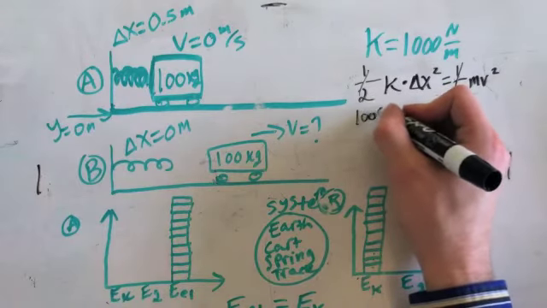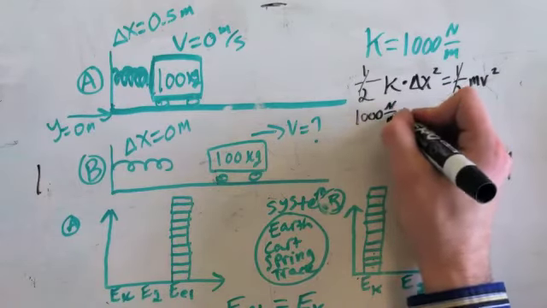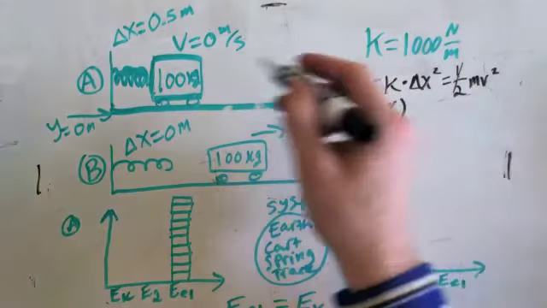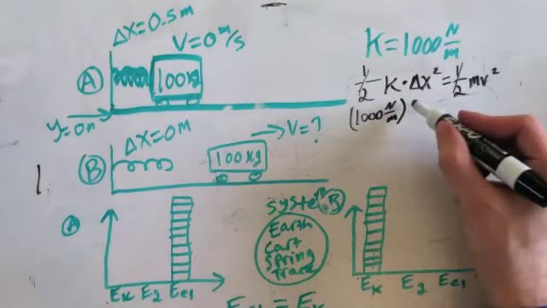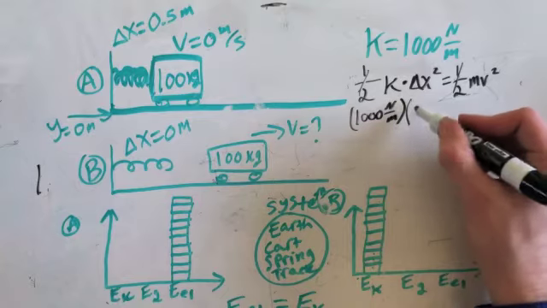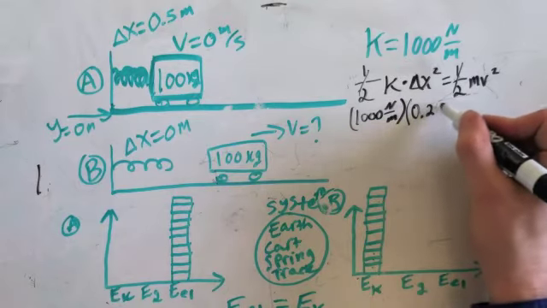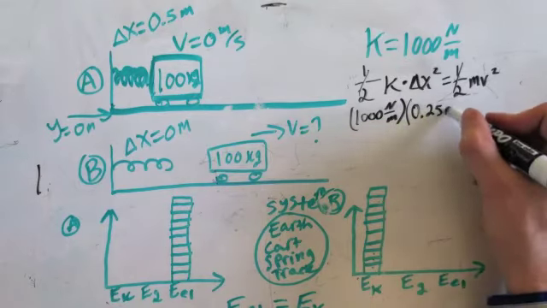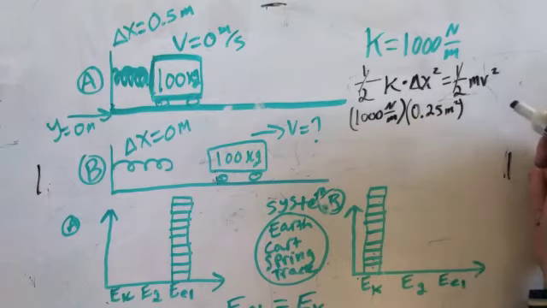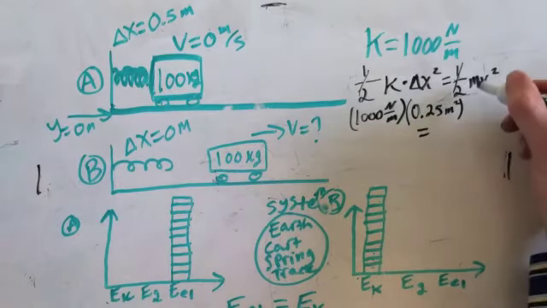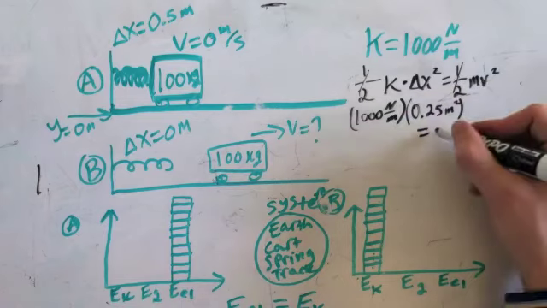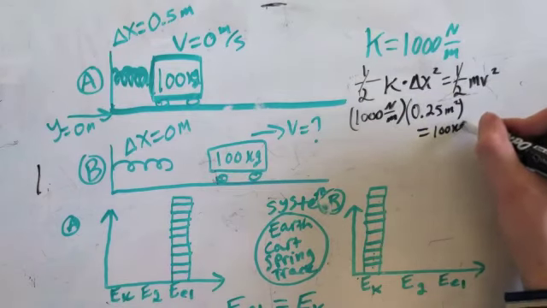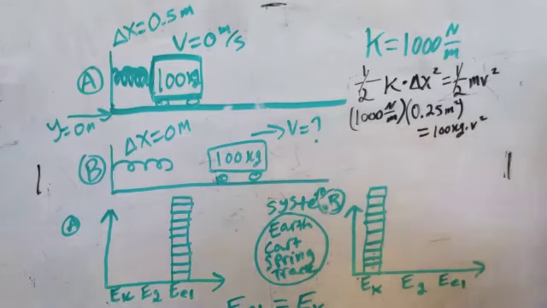I have 1,000 Newton per meter multiplied by delta x squared, so 0.5 squared will be 0.25 meters squared, and that equals the mass of the cart, which is 100 kilograms, times velocity squared.